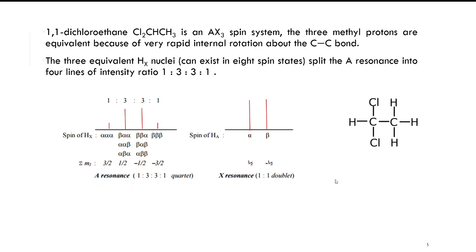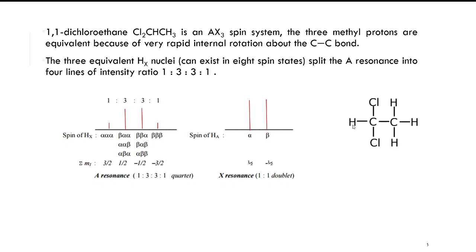So this is really looking at the splitting based on the neighbor. Like you're looking at these protons here. The way the NMR is looking at what the neighbor is, the splitting is based on the neighbor.